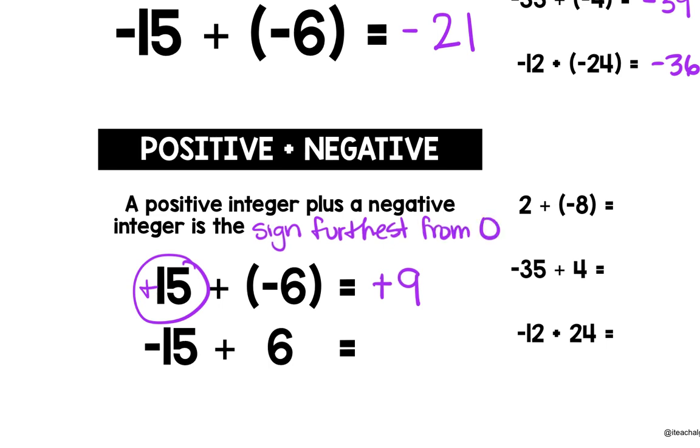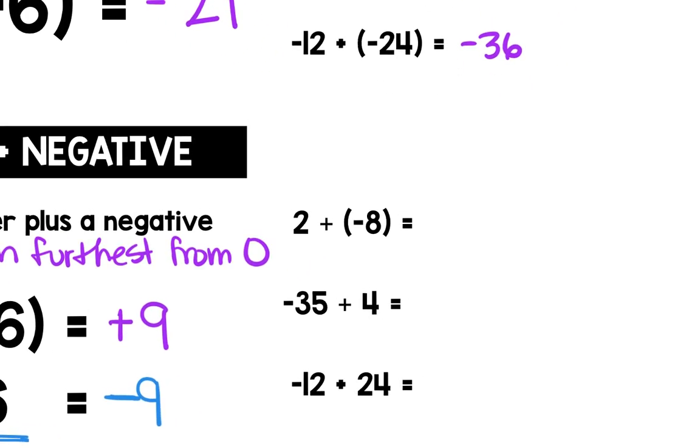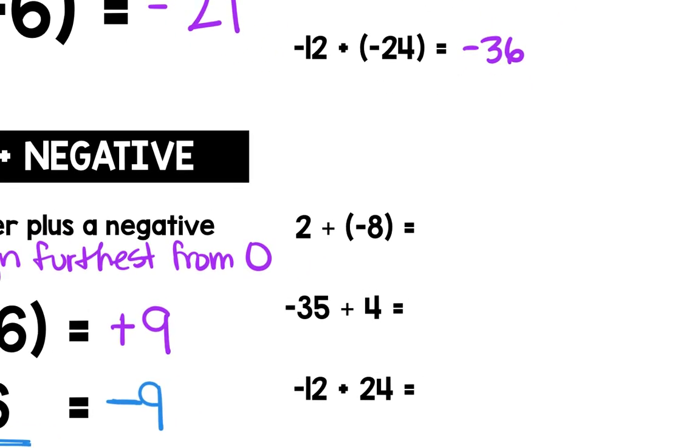In the other scenario right here, we have 15 negatives and 6 positives. In this case, the negatives are going to win the battle. And when they all match up, there's going to be 9 negatives left over. So it's really helpful when you're doing this type of addition to think about the integer battle.